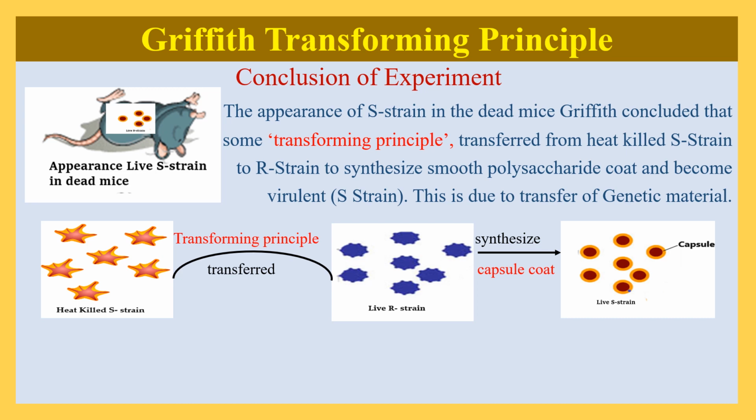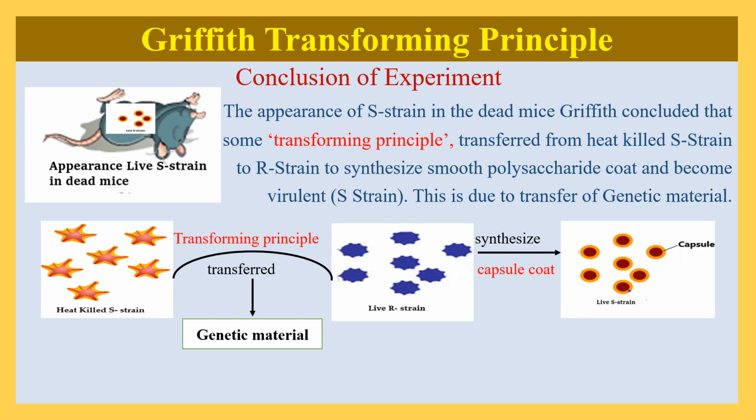Due to development of the capsule, R strain becomes S strain, it becomes virulent and it causes pneumonia. Hence the mice died. That transferred material may be a genetic material.